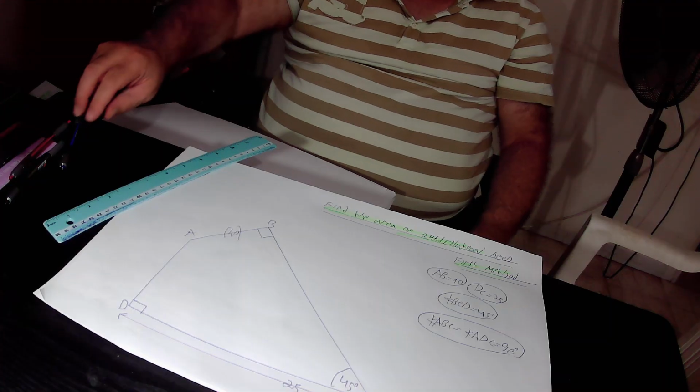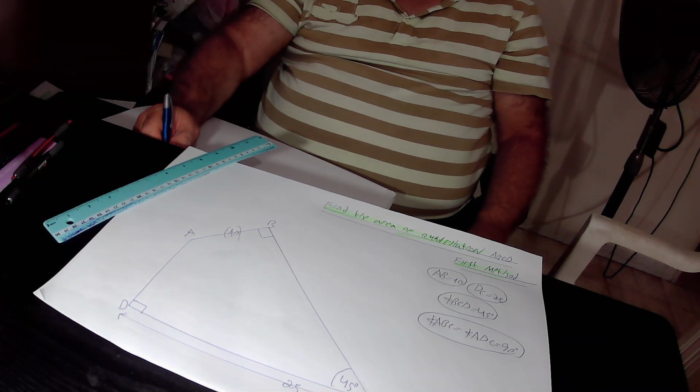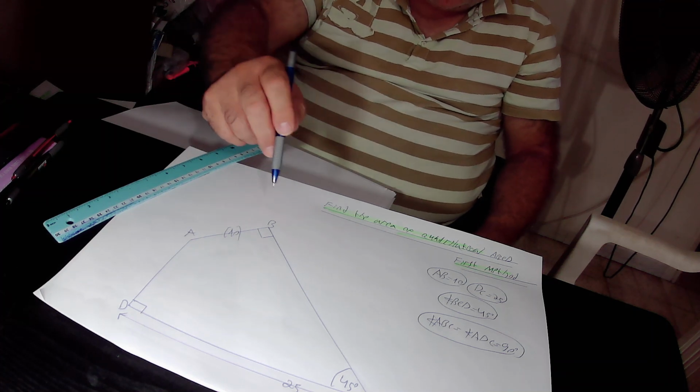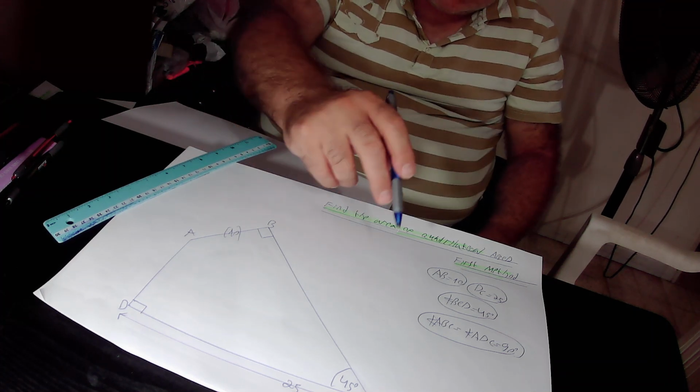First of all, we will do a construction. From point B, we will draw a perpendicular on DC.